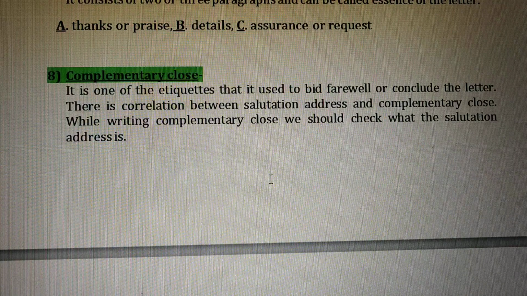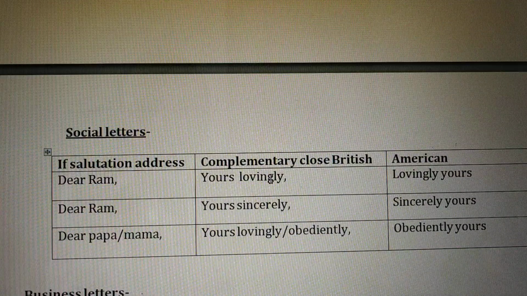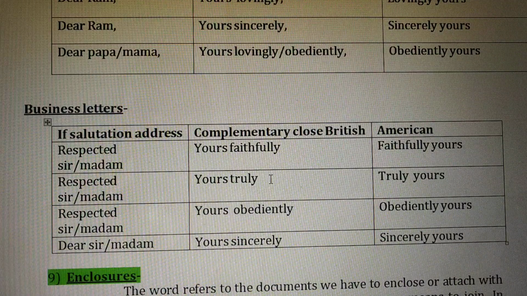Then complementary clause. I have already told you that complementary clause, as far as business letter is concerned, respected sir, if the salutation is there, then there must be the yours faithfully or faithfully yours. If respected sir and madam, sometimes you can write yours truly, truly yours. But if you are going to write the dear sir or madam, then yours sincerely and sincerely yours.